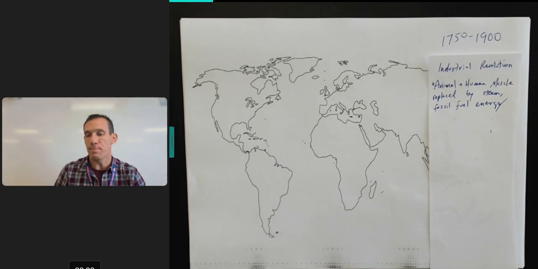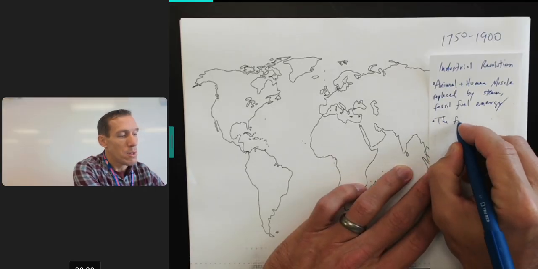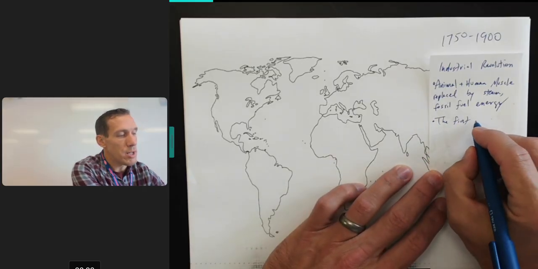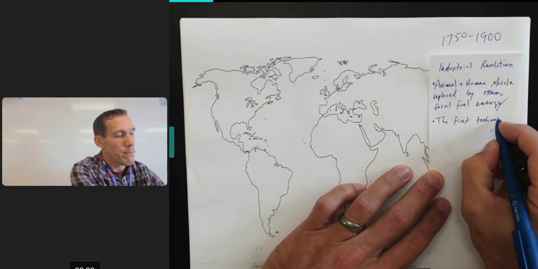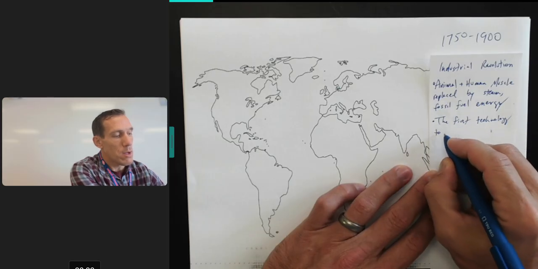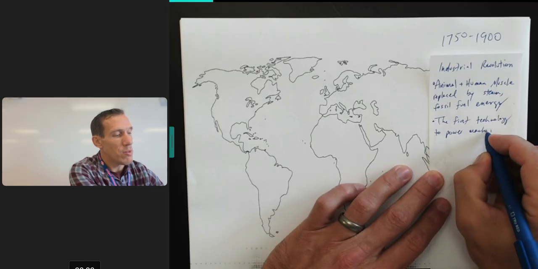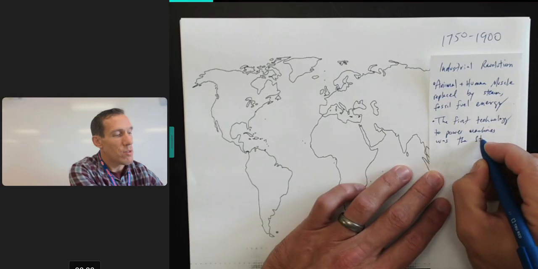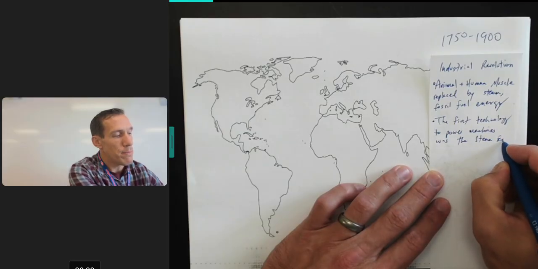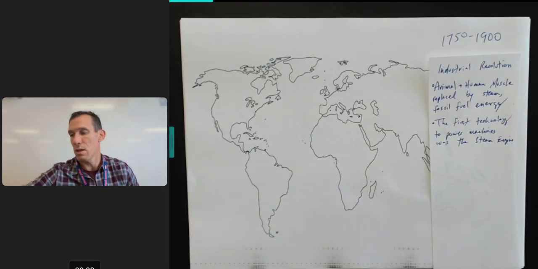The first big technology to power machines like this was the steam engine. That's the biggest thing.